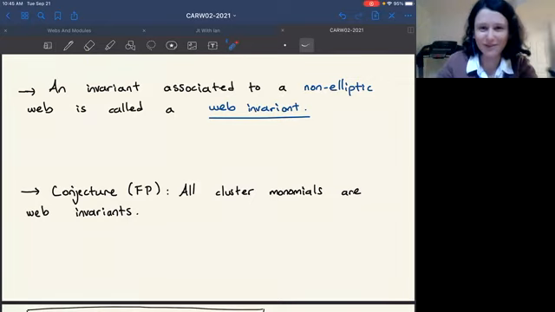Sometimes we even forget that these are conjectures, because I also believe that using these webs we get web invariants, and they correspond to cluster monomials. I believe Fomin-Pylyavskyy conjecturally describe which of them should even be cluster variables. So these are all conjectural procedures, but they work pretty perfectly. We sometimes forget they are conjectures; we assume them and work with them.